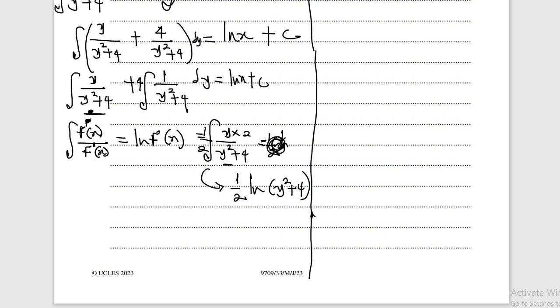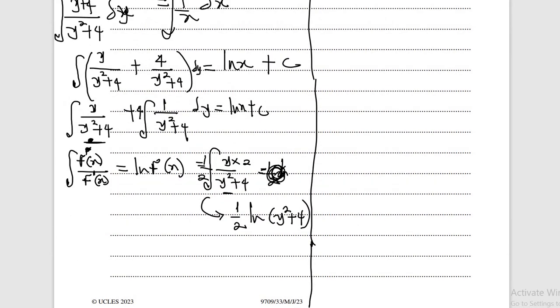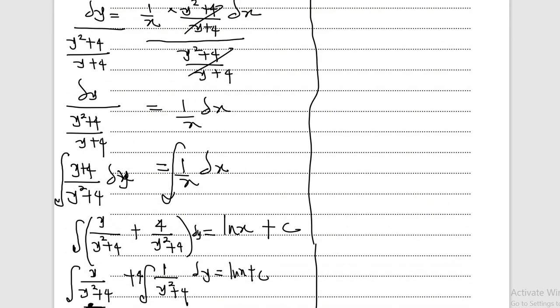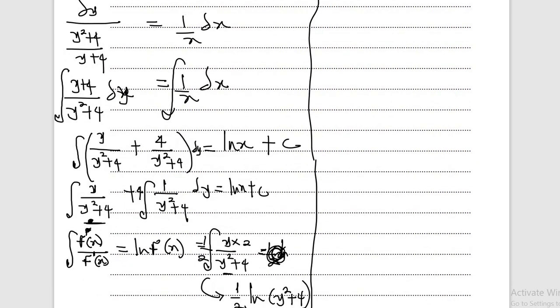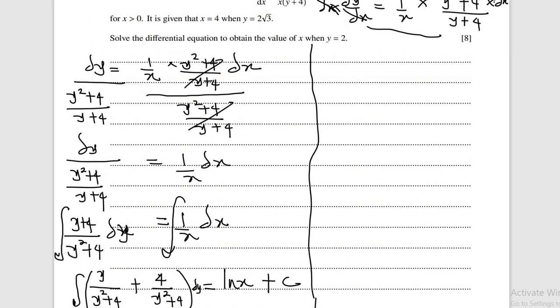Now, the other integral is 4/(y² + 4). Let's integrate that too. It's also the same thing as saying 4 times the integral of 1/(y² + 4).